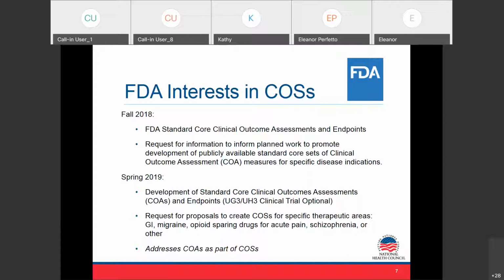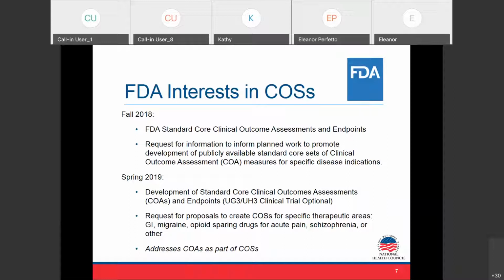And the FDA at that time was looking for comments from the public about this initial work they were thinking about undertaking.